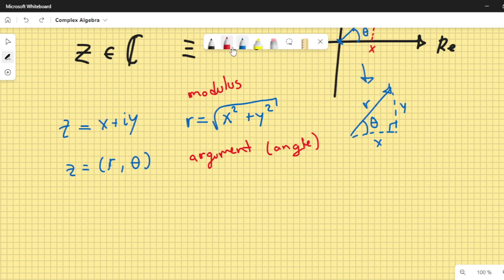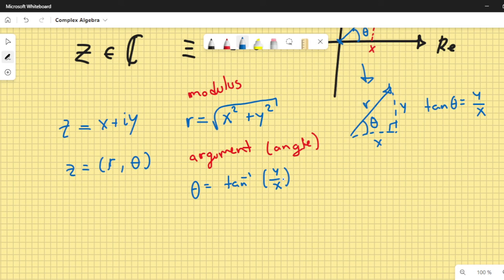From trigonometry, you know that the tangent of theta is y over x. So basically, the angle or the argument is the inverse of the tangent of y over x.